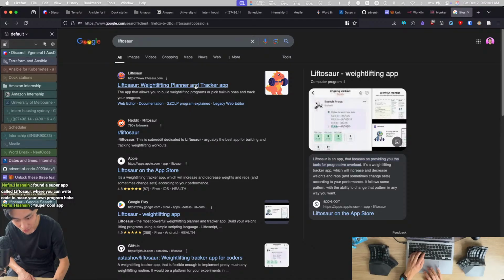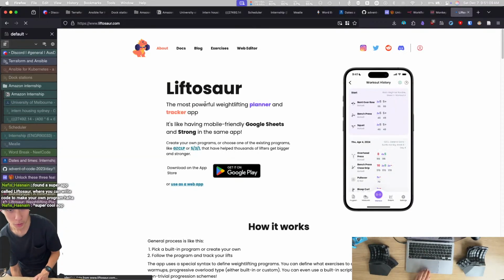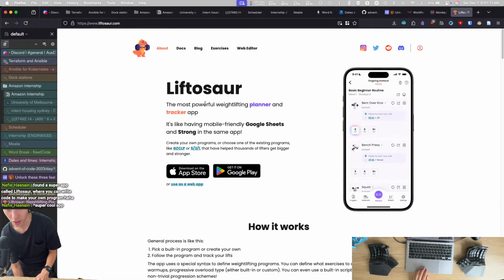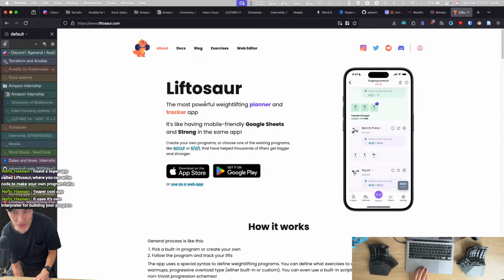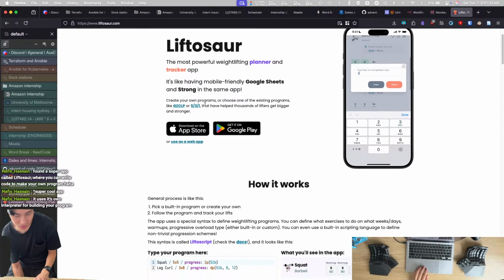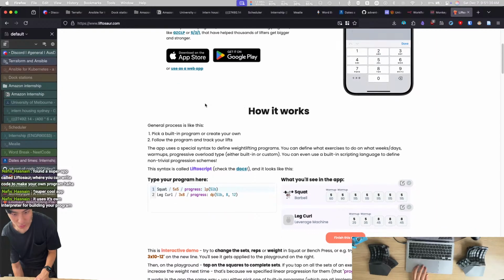Liftosaur. It uses its own interpreter for building your program. The most powerful weightlifting planner and tracker. Is this it? Weightlifting. No, this isn't it, right? Oh no, it is. No, wait. Type your program here.